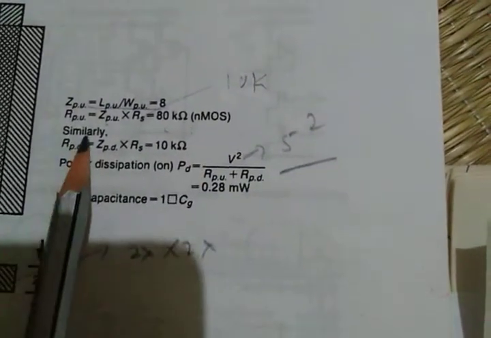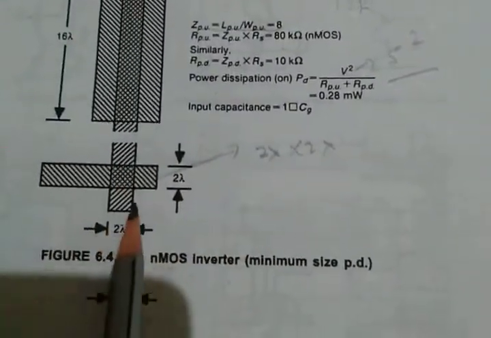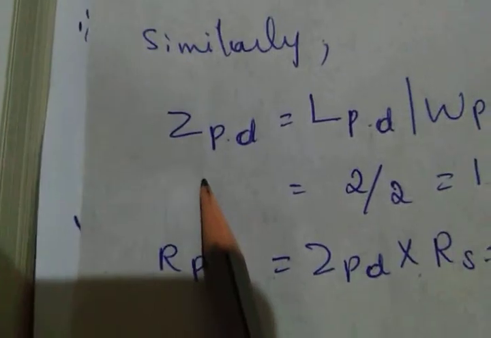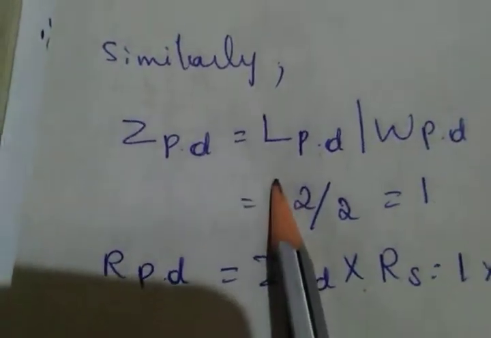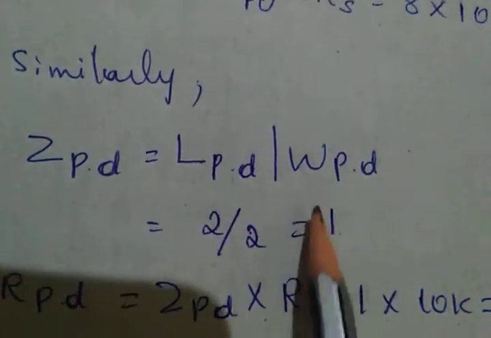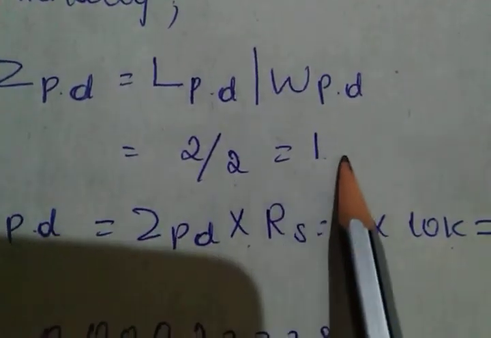So similarly you have to do it for the pull down also. For the pull down you have 2 lambda by 2 lambda. So ZPD is equal to length of pull down divided by width of pull down, that is 2 lambda by 2 lambda, equal to 1.